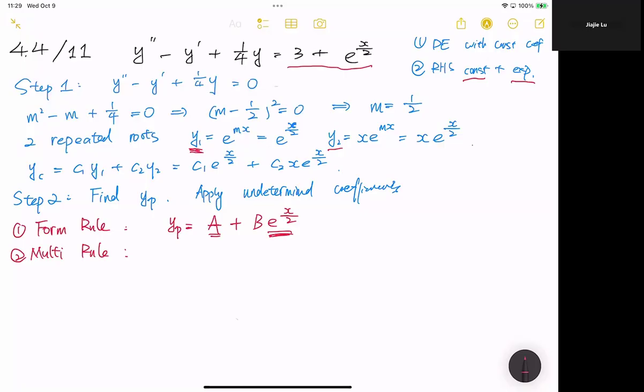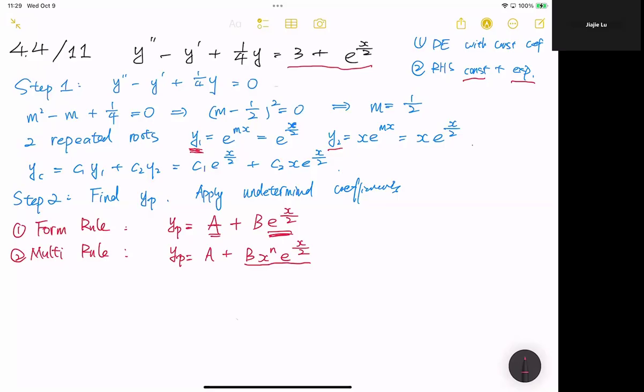That means we need to multiply x raised to power n to the second term, because the first term, the constant part, has no duplicated terms, so we do not need to do anything on it. We just multiply x raised to power n on the second term.